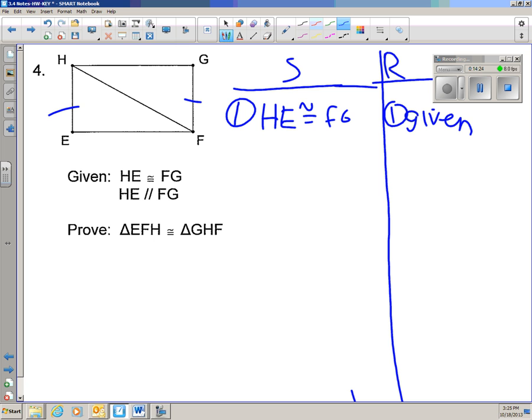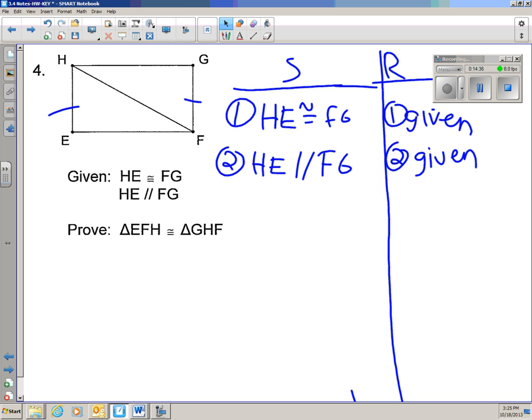Then it says that HE happens to be parallel to FG. You need to remember something about parallel lines. Lots of things happen. But if we're dealing with these particular parallel lines, which would be these guys right here, they happen to be cut by one transversal, which is right there. There's more than one, that's true.